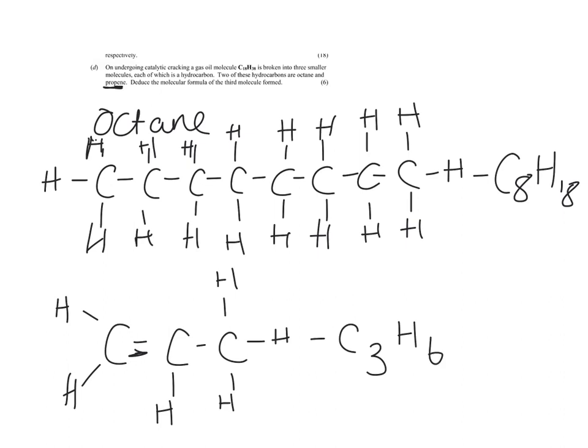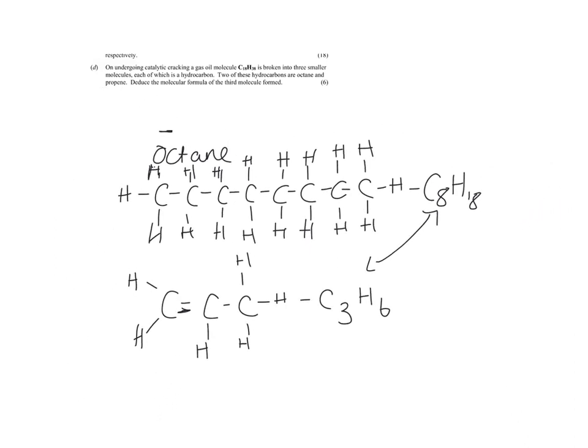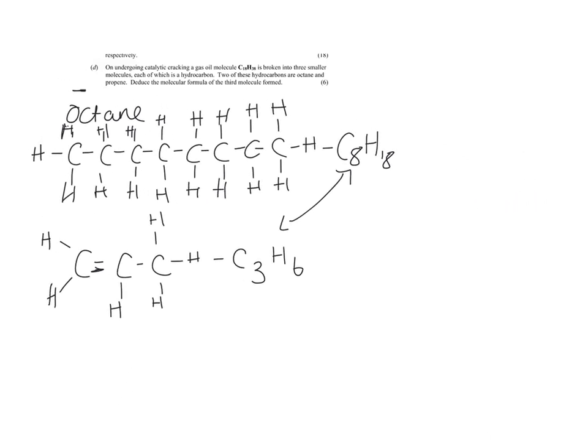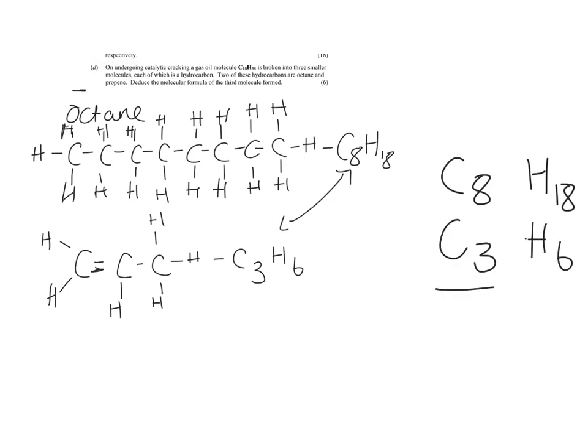Now, we have to add the 2 of these together. So if I add C8 and C3, add them together like we were doing a normal math sum, I can see from this that I have used up C11 and I've used up H24.